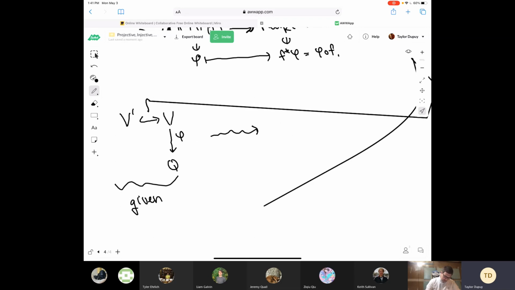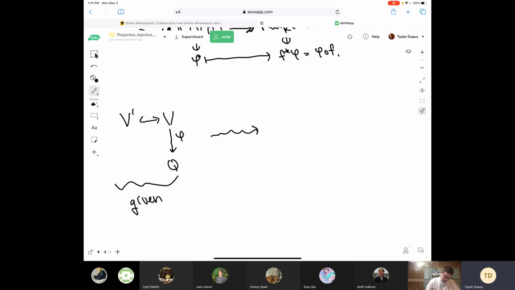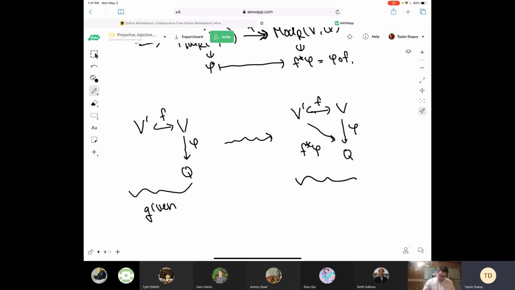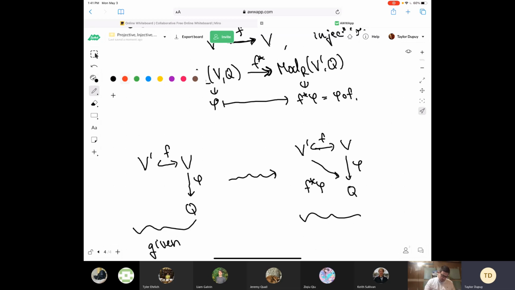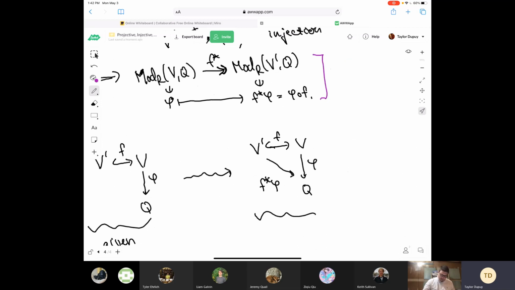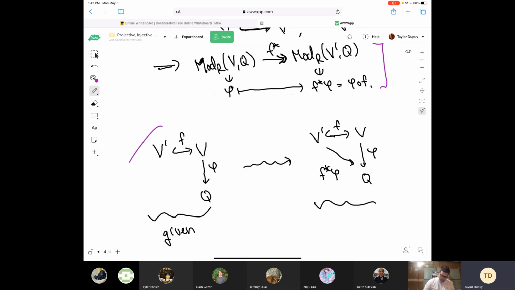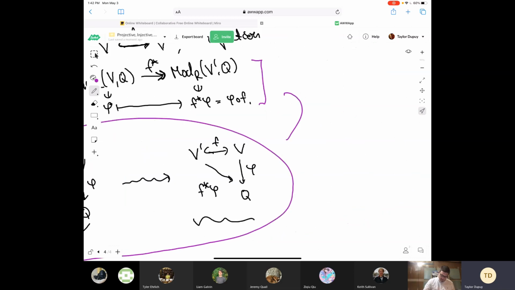So this is F, and we get this map here, F star phi, which is the composition of the two. So this is just the regular map. I just drew this thing in terms of diagrams. This is the same drawing.